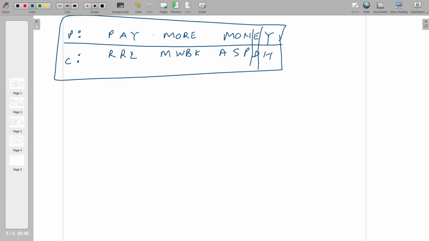You can check in a single line the character E. We have two Es, which are encrypted as two different letters. So this is our plain text, this is our cipher text. This is how the Hill cipher works.